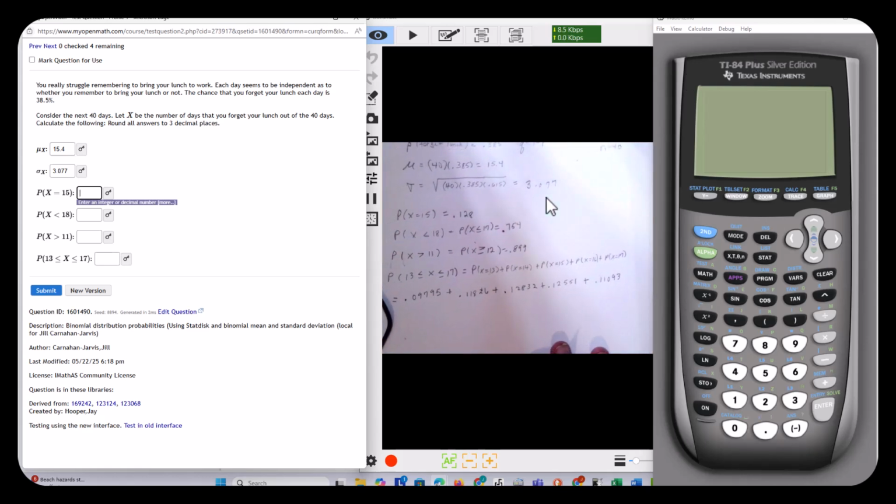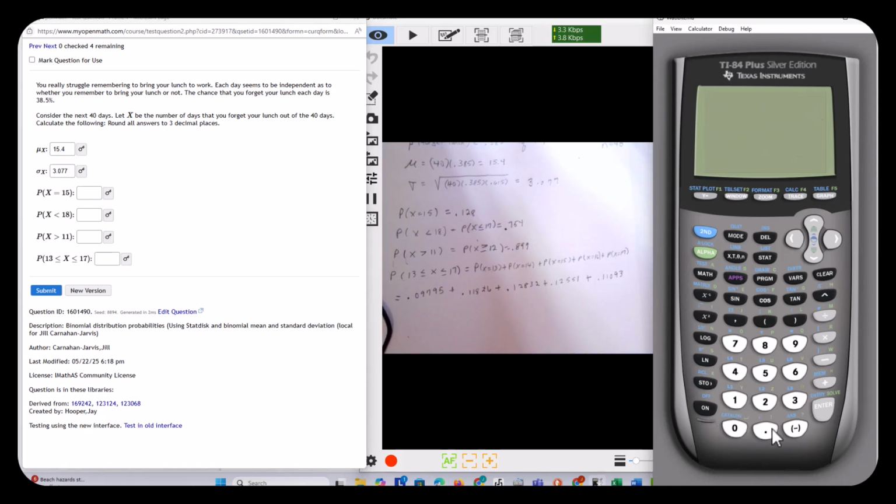We've made a typo. So, bring up my calculator. I'm gonna use my keypad here. 0.09795 plus 0.11826 plus 0.12832 plus 0.12551 plus 0.11093.